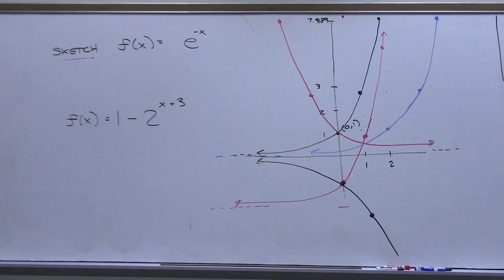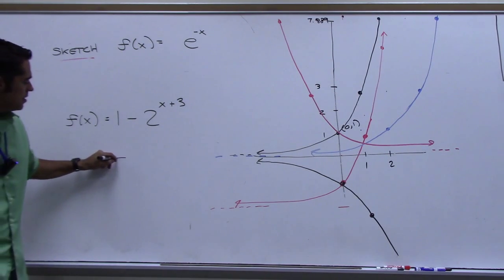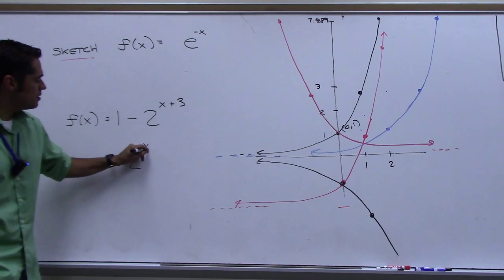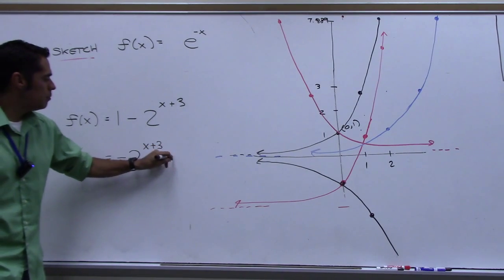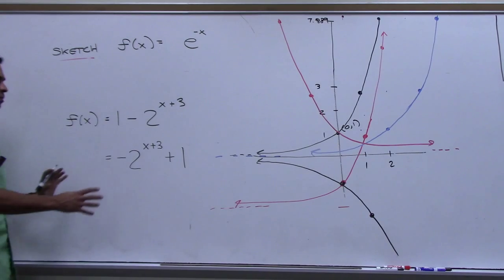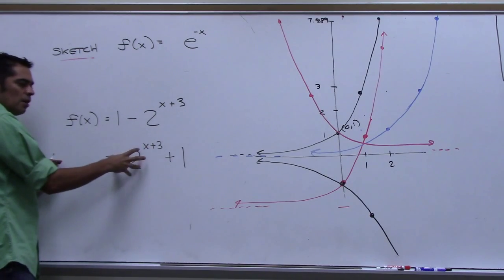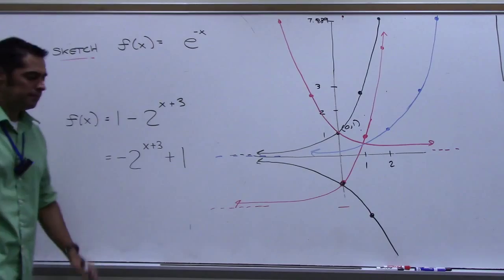Draw a quick graph of this and tell me the domain and range. That's what the homework says. So what you have to first realize is that this is negative 2 to the x plus 3, plus 1. Just write it this way so that you have the exponential part of this out front, the plus 1 out back.